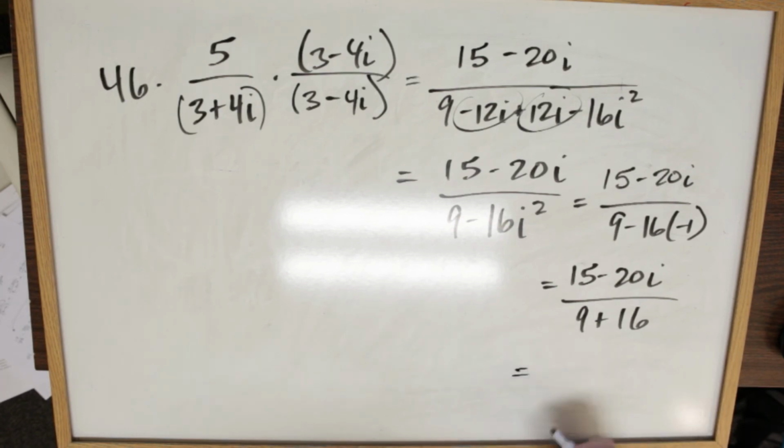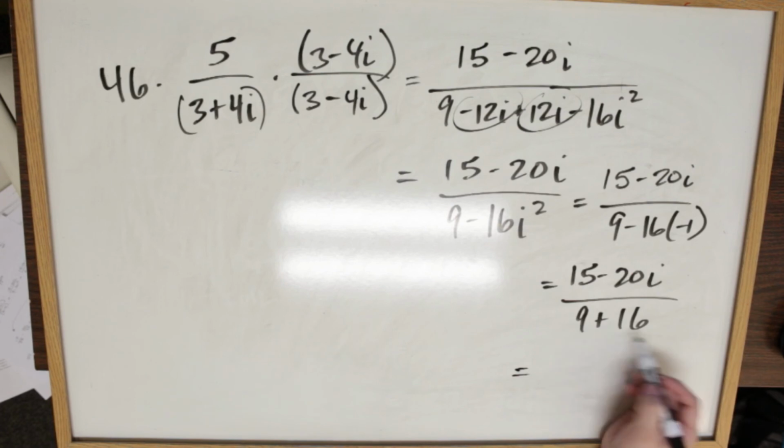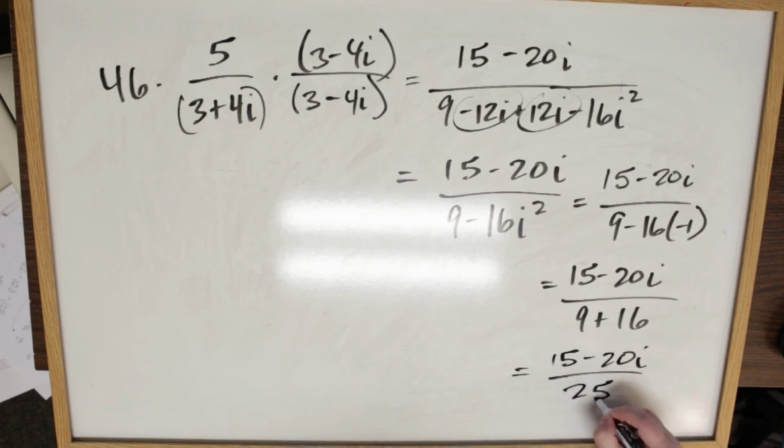So here we go. 15 minus 20i over 9 plus 16. This is going to be 25. So we've got 15 minus 20i all over 25. We can actually reduce this down. I'm going to bring this over here so you see it.